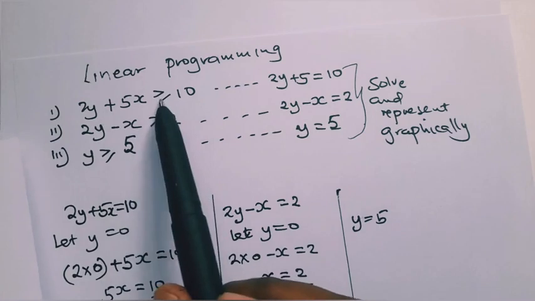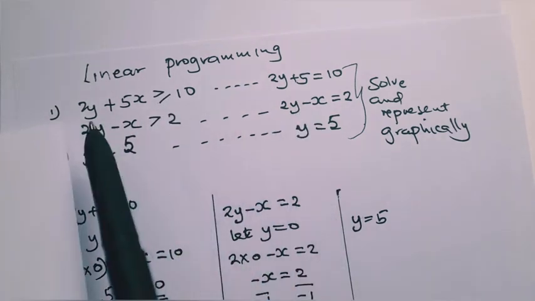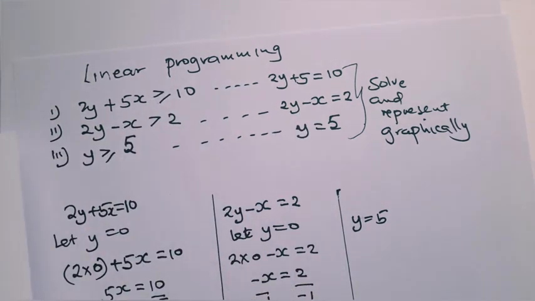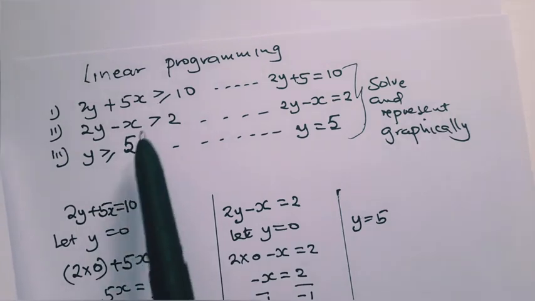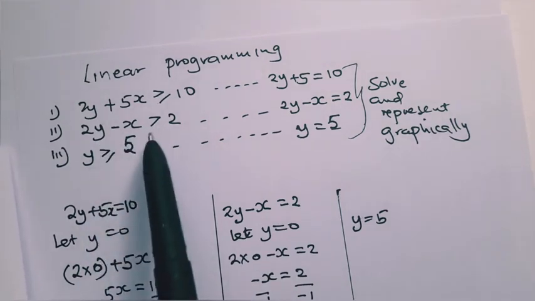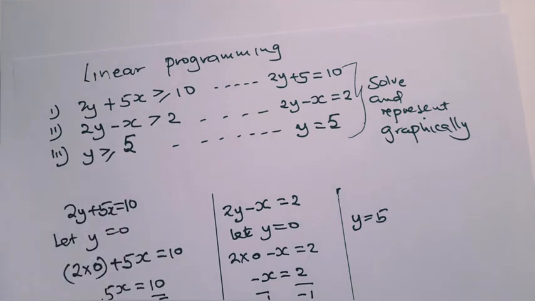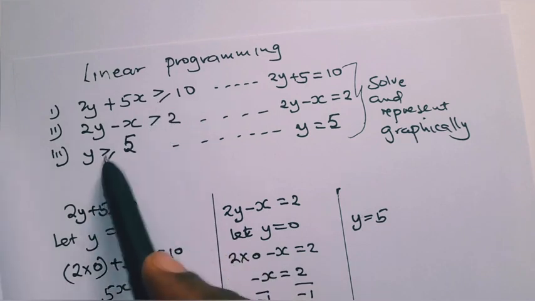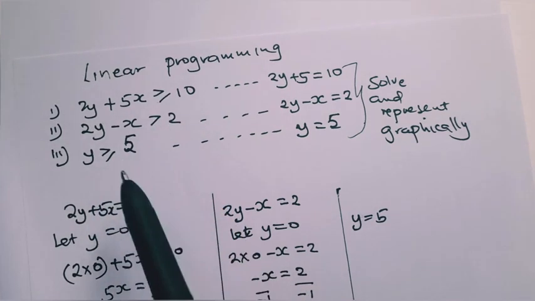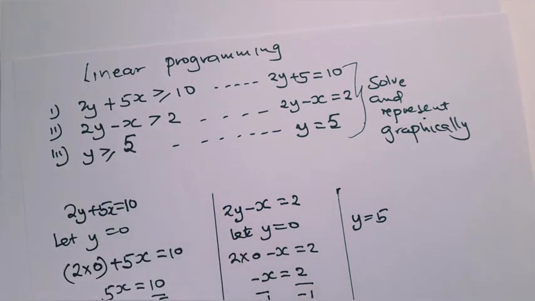Y greater and equal means points along that line are inclusive of the wanted region. But for this case, points along that line are not included, or they are exclusive. And therefore, when we draw lines, we have to consider the signs. Those signs will guide us whether to draw a continuous line or a dotted line.